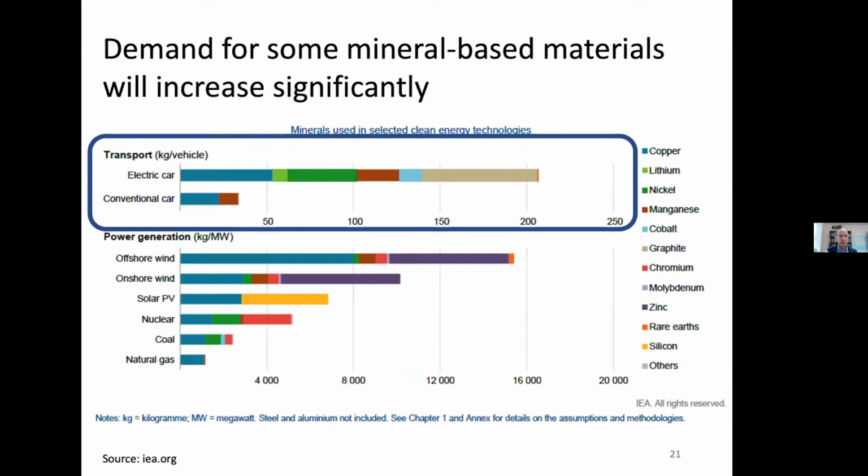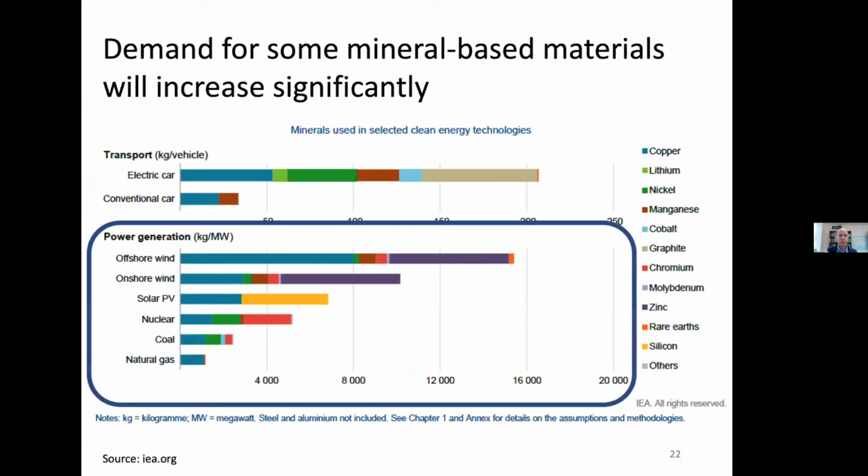We simply have the conventional car at about 30 and the electric car at more than 200. So roughly a 7-fold increase in the tonnage of a selected set of mineral-based materials. If we look at power generation, the units of the horizontal axis here are kilograms per megawatt hour.